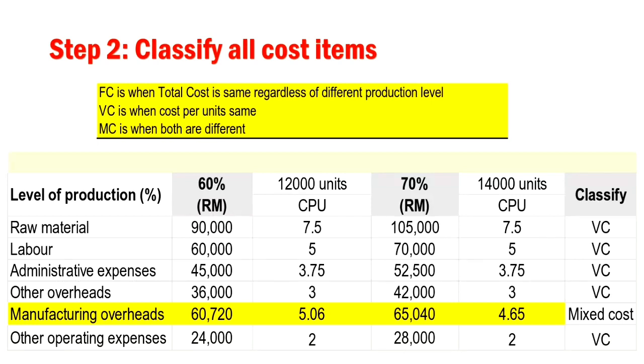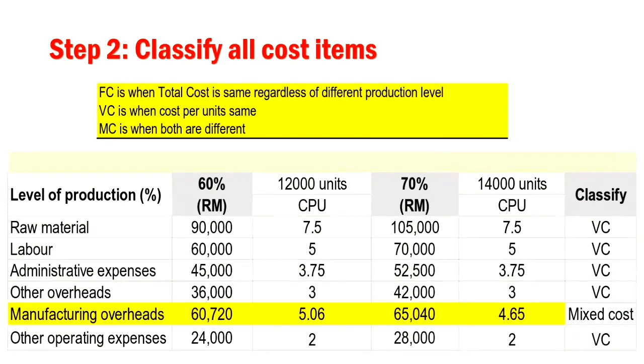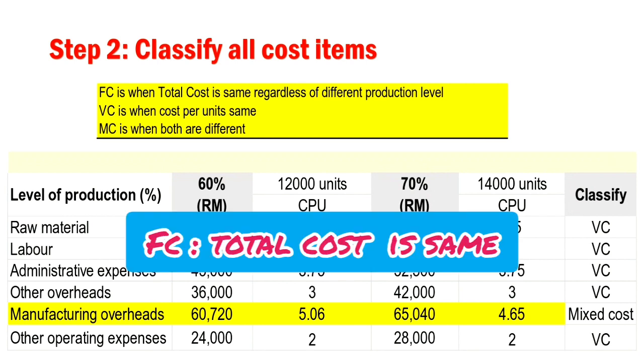Classify all cost items. We have to be able to understand the characteristic of each type of cost based on cost behavior. So let's have a bit of a recap. What is the characteristic of fixed cost? For fixed cost, at any level of production, the total cost is the same. It's unchanged.